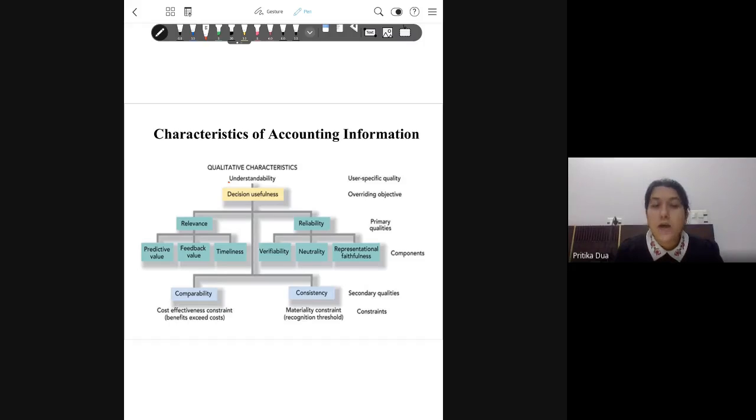Even if a transaction is complex in nature, that needs to be presented, but in a manner that can be understood. For science students, accounting is a new subject, so it is something which is complex. But since you need to study this, we'll make an effort to make the subject as understandable, as simplified as possible.